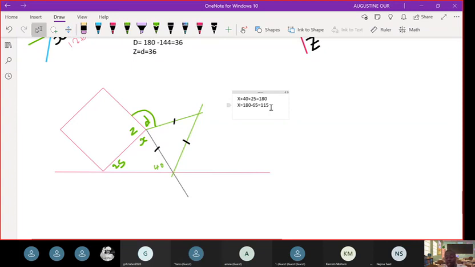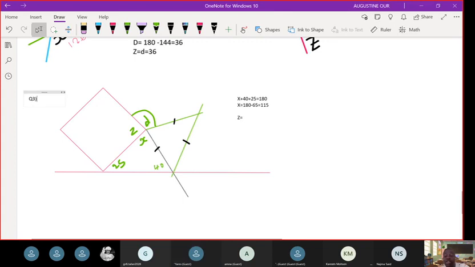So let's continue. What about Z? Who can tell me what is the value of Z? Because that is a square, remember? So what is Z if that is a square? Who can try, please?